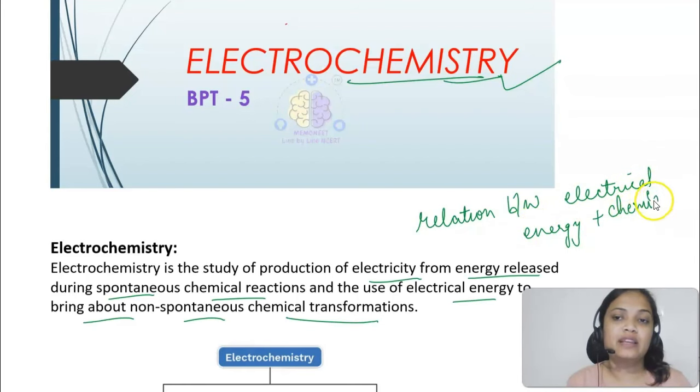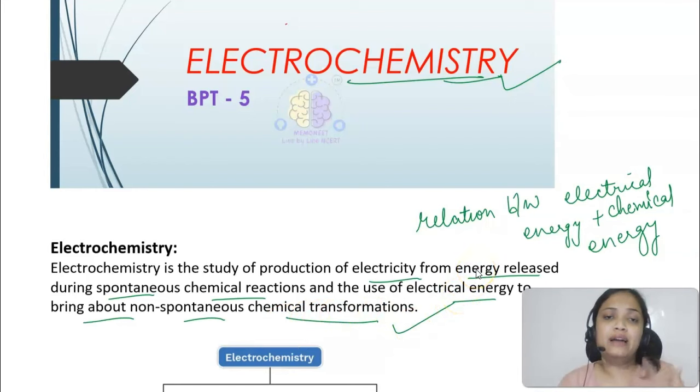Means how the electrical energy is used to carry out the non-spontaneous chemical transformations and how the energy released from spontaneous chemical reactions is converted into electrical energy. That's what we are going to study in electrochemistry.